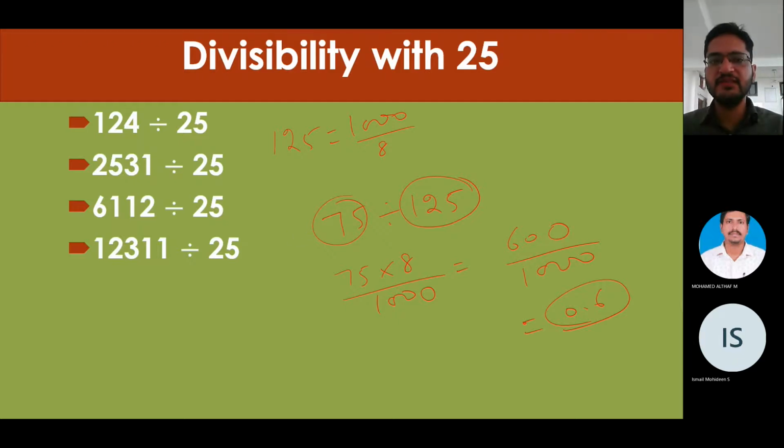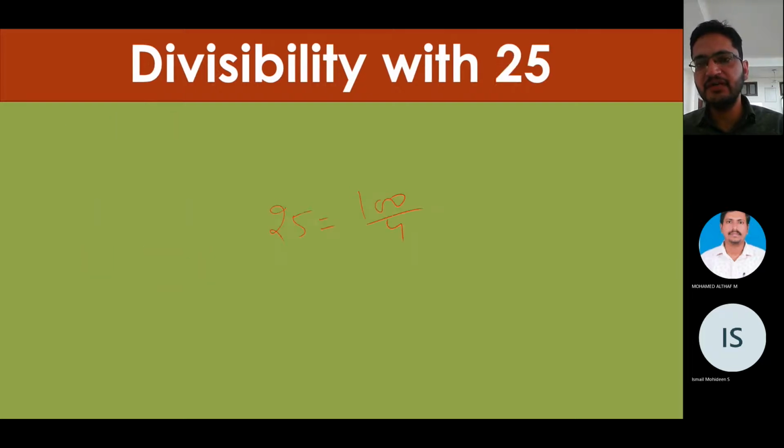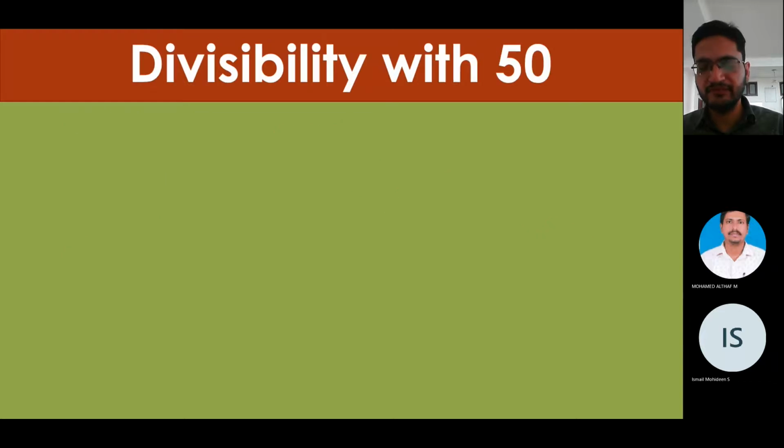Now we have discussed divisibility with 5, divisibility with 25 and divisibility with 125. Also divisibility with 50. Now this 50 can be written as 100 by 2.